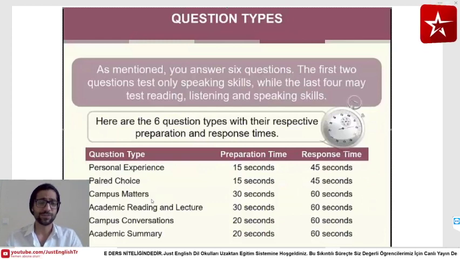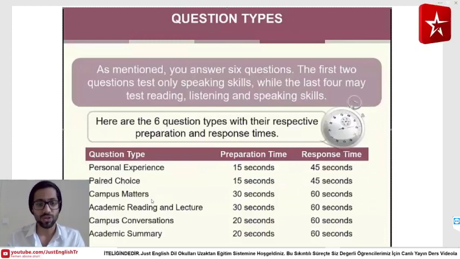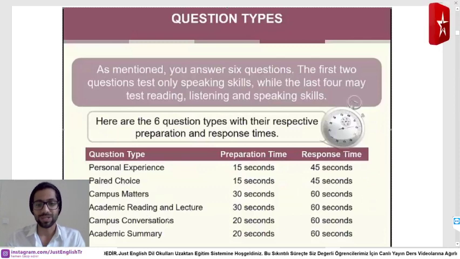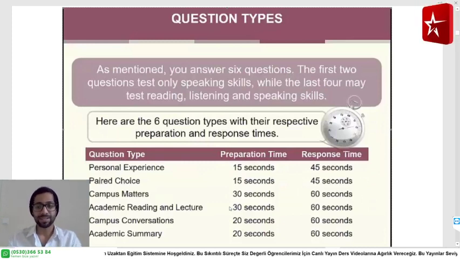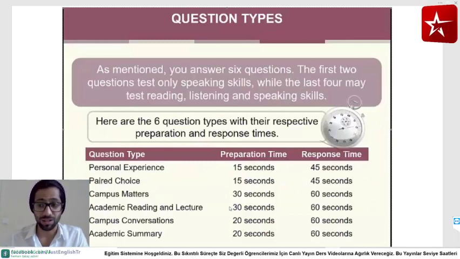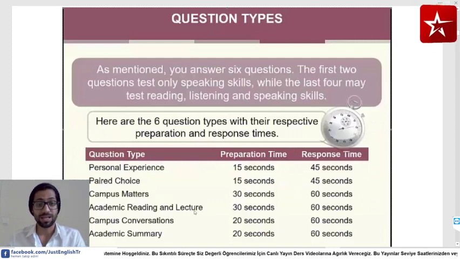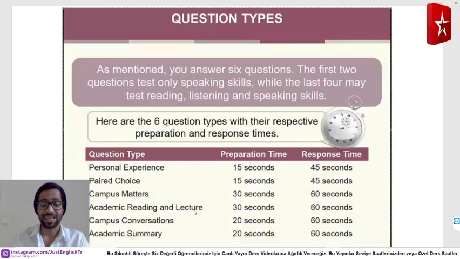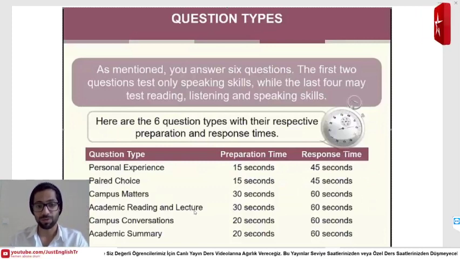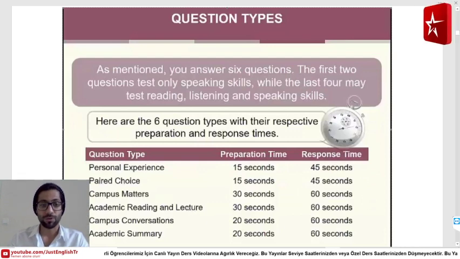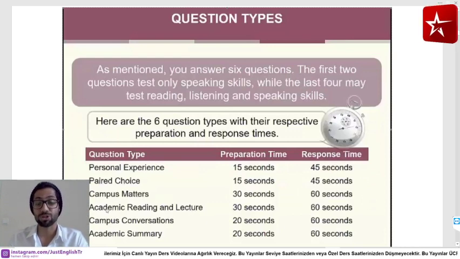What are the things that students need in a Canvas, and so on. Academic reading and lecture. It will not be as hard as you think, but it needs a lot of practicing. As I said, the first 2 are independent. The others, Canvas matters and academic reading, Canvas conversation, academic, will be integrated, which means the first 3 have Canvas matters and academic reading.